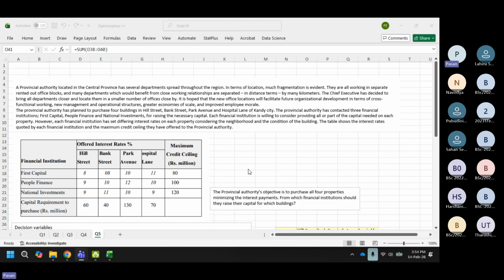Okay, so let's look into this example here. They are looking at the provincial authority of the central province. Their offices are kind of spread out over a much larger region.